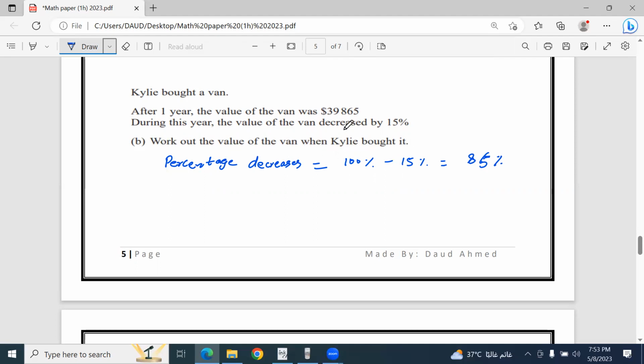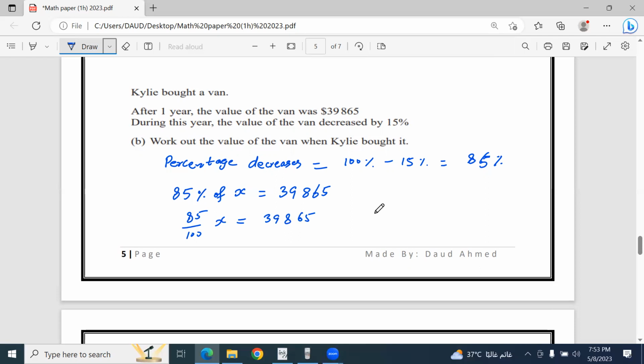So work out the value of the van when Kelly bought it. So it means when she bought it, it must be more than this. Yes. 85% is the decreased amount after 1 year. So we can say that 85% of the amount when she bought, we don't know, let's suppose X, and the decreased amount is 39,865. So 85% means 85 over 100 multiplied by X is equal to 39,865.